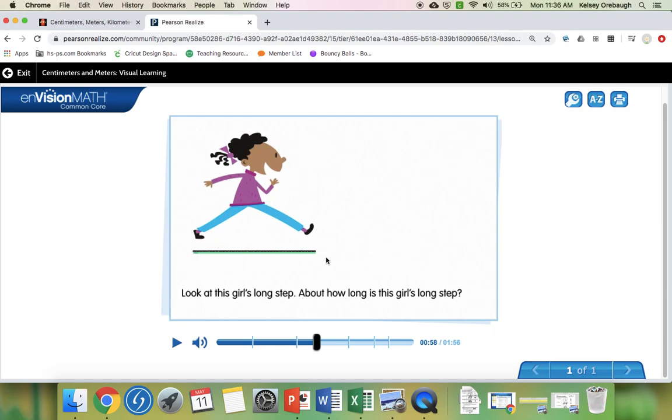What was the name of this stick that we were introduced to in the beginning of the video? That was called a meter stick. This girl's long step looks to be about the length of the meter stick. So we can say that this girl's long step is about 1 meter long.